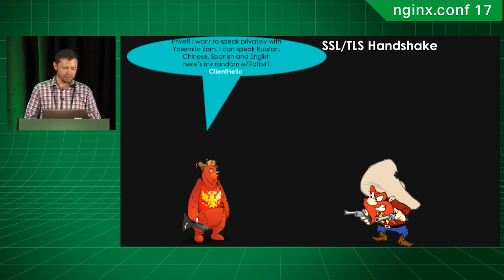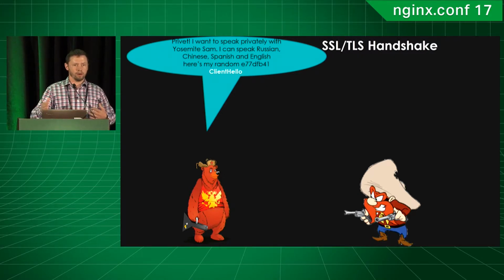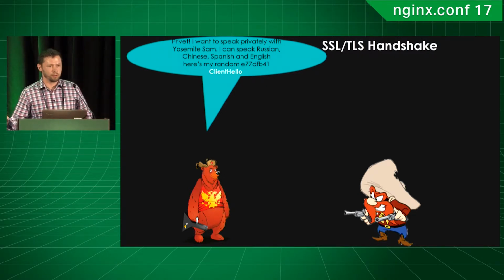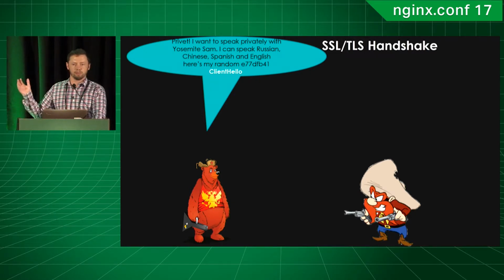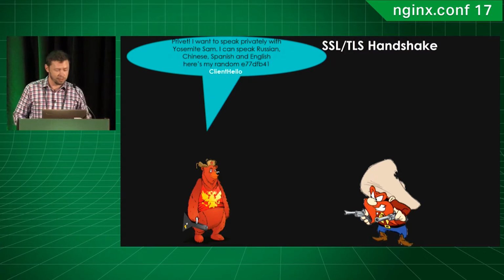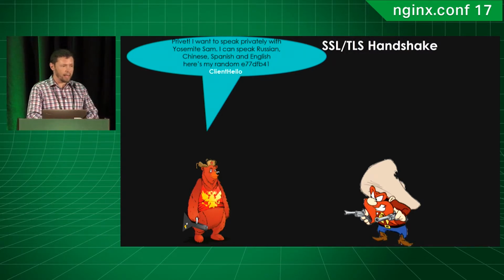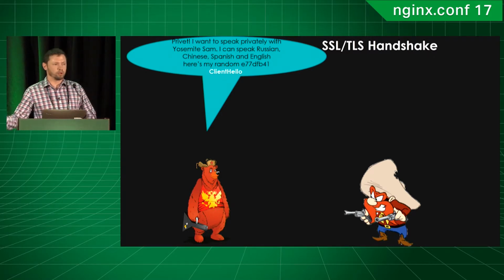So the client is saying, hello, I can speak different ciphers or different languages. I support TLS 1.0, I support TLS 1.1, I support TLS 1.2. In this case, it's different languages, Russian, Spanish, English, Chinese. And the client says, I want to talk to, I don't know, google.com.